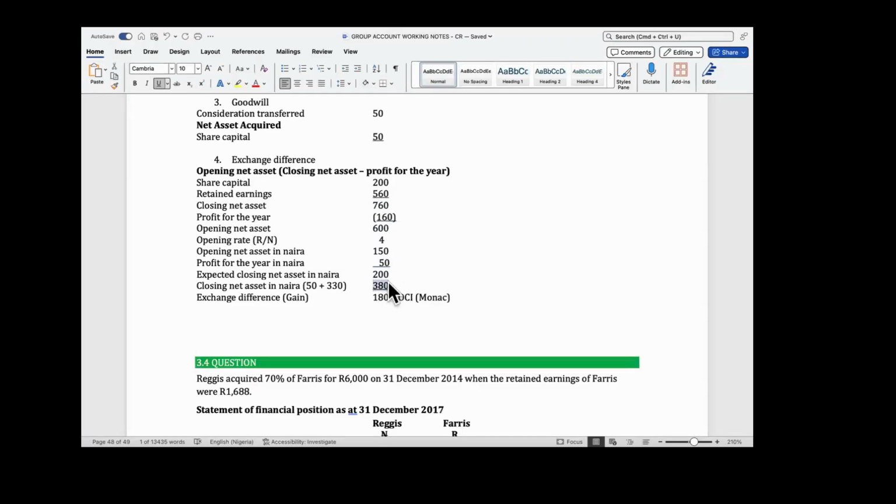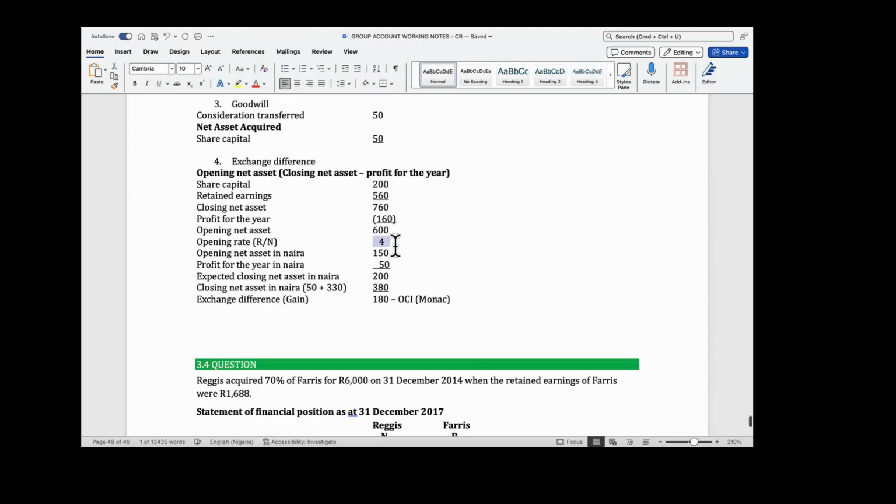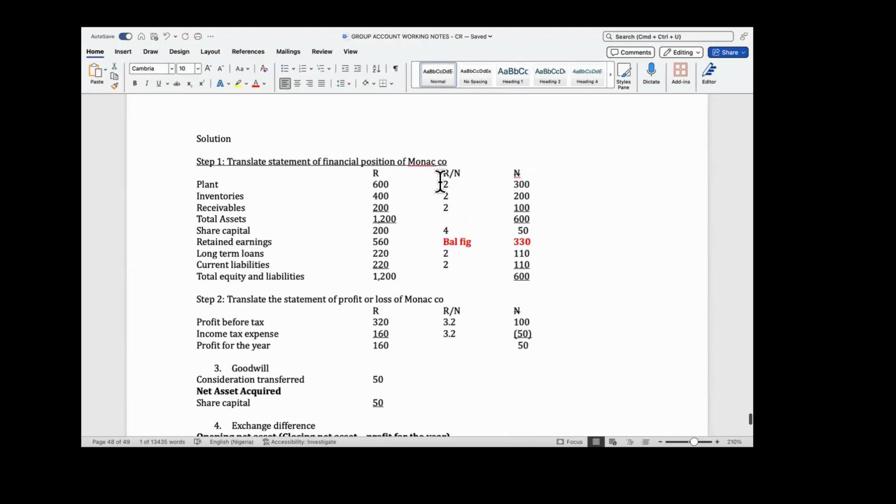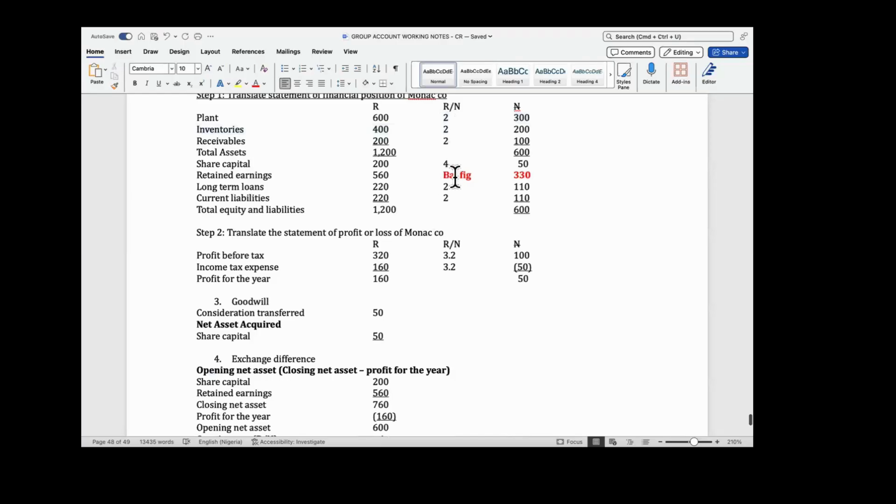But it was this we have as my closing net assets in naira. And that's the difference I want to establish as a result of using different rates. The fact that we used 4 naira last year, and this year we're using 2 naira, that would result in this retained earnings having some element of gain or loss.